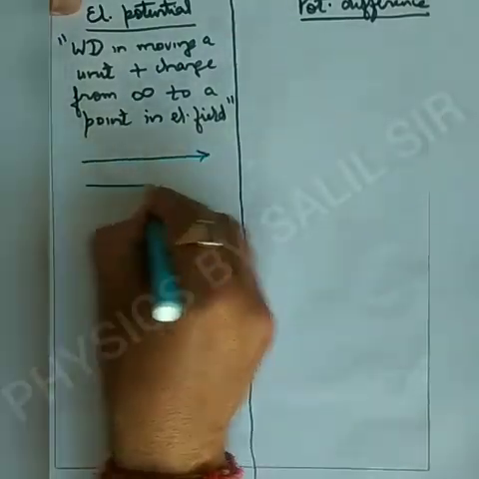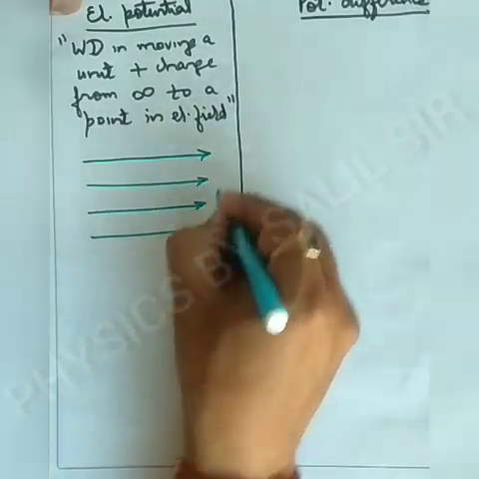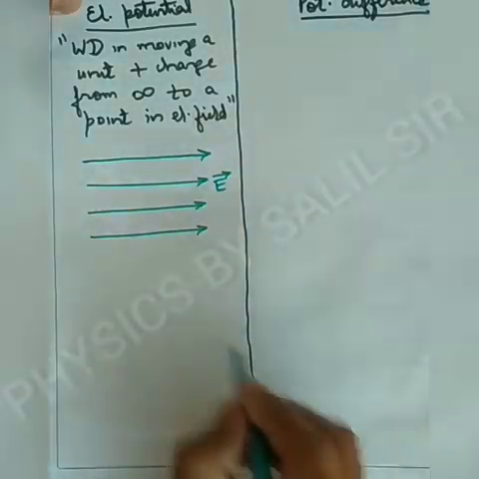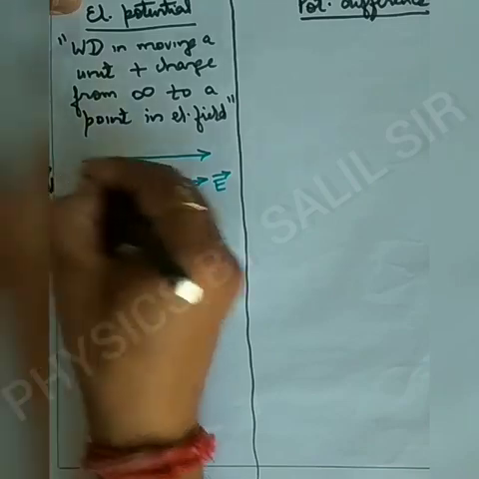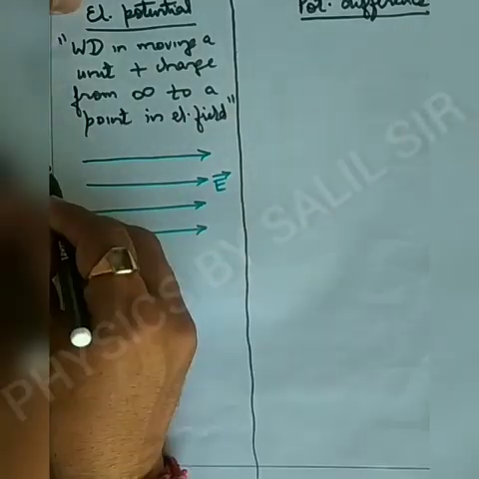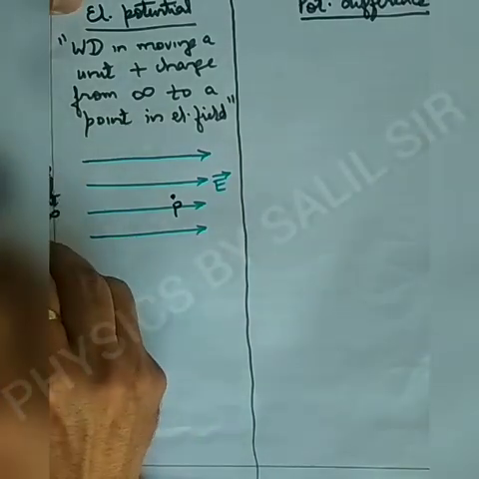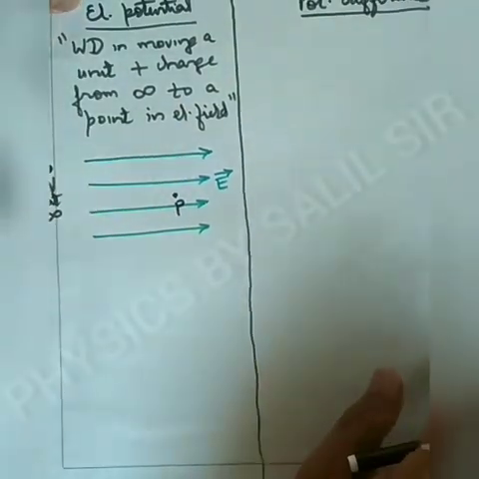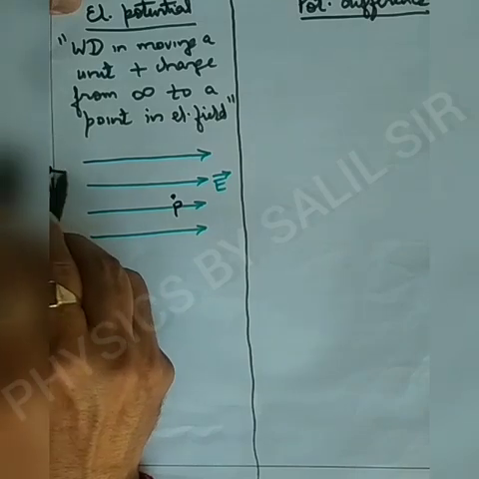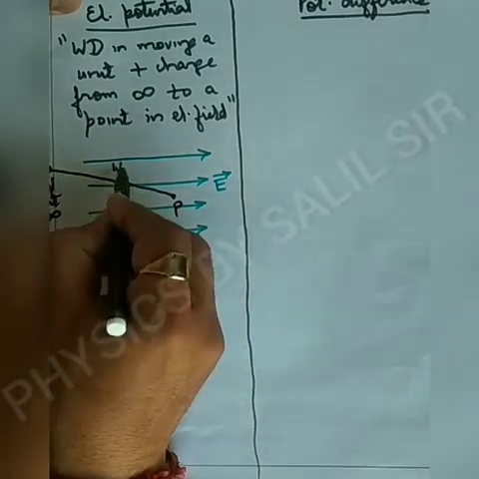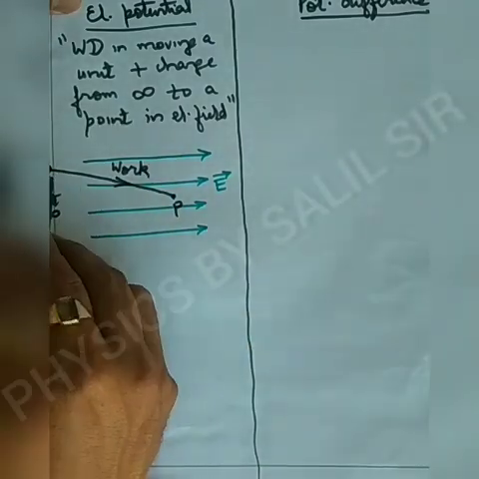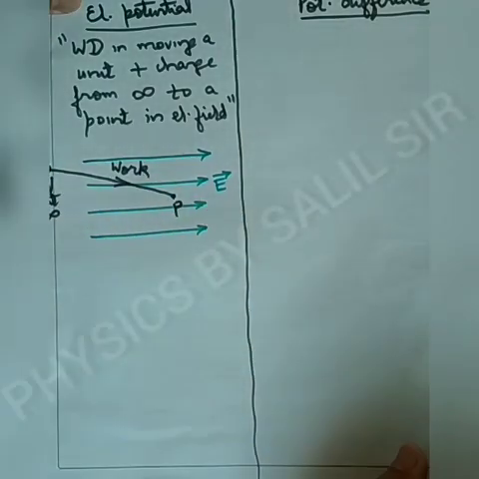Suppose this is the electric field, which is represented by vector E, and there is a charge Q at infinity, and we have to bring this charge to a point, suppose this point is P. Then we have to do some work in transferring this charge from infinity to the point P in the electric field.